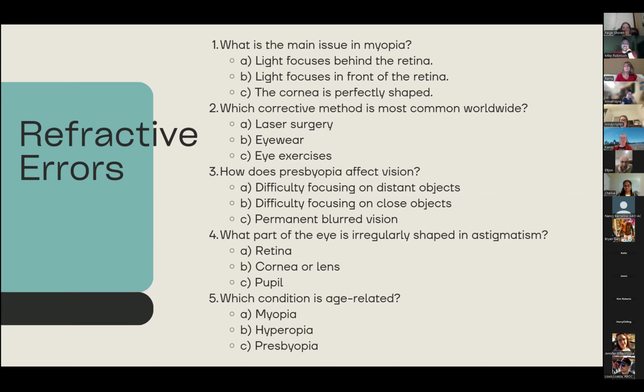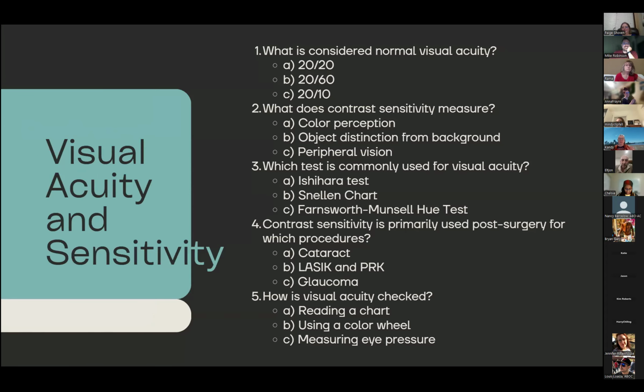A, myopia, B, hyperopia, or C, presbyopia? Lewis, you're wrong, just on principle. I'm not looking at the answers, by the way.